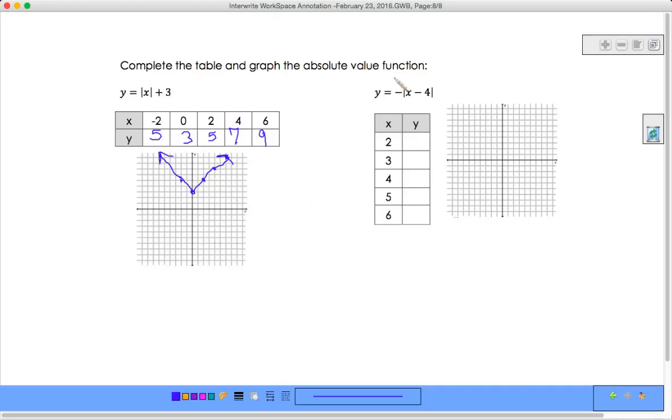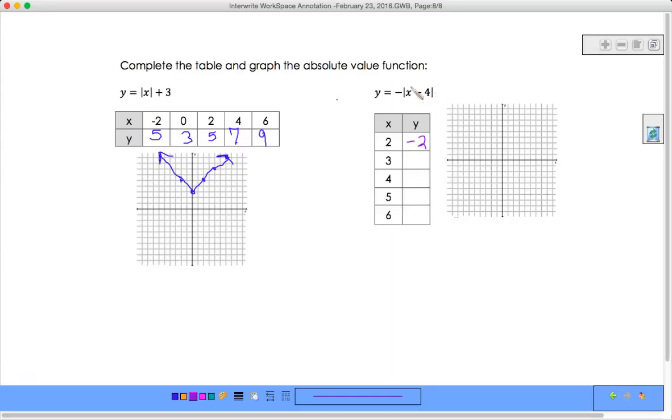Okay, let's look at one more. So here we have y equals negative the absolute value of x minus 4. We put in 2. 2 minus 4 is negative 2. The absolute value of that is 2. But then there's a negative on the outside, so it's negative 2. 3 minus 4 is negative 1.